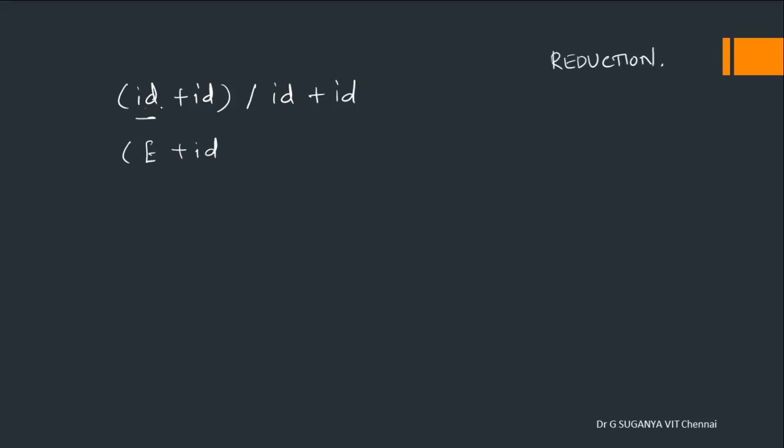The third method that we have learned is reduction. How to do reduction? You take the word id plus id slash id plus id. Let us proceed with left to right. So this id could be reduced to e plus e gives id.